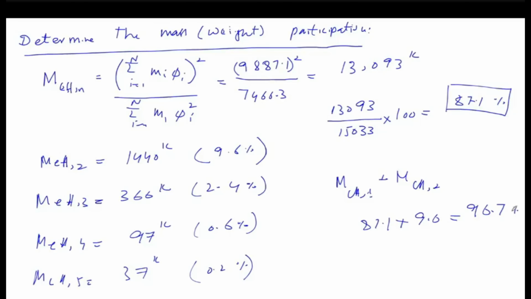Okay, so it's more than 90%. But what you can do is that you just need only to combine two modes in order to satisfy the minimum requirement of the code. That the combined modal mass in the response spectrum analysis should be equal or greater than 90% of the total mass of the building. Okay.